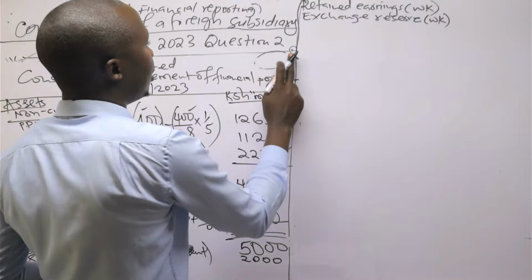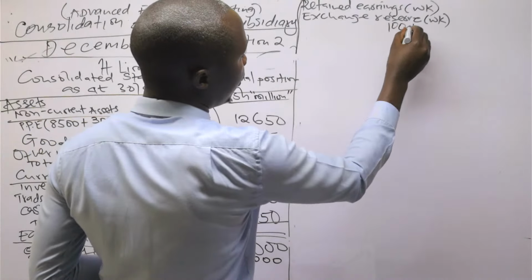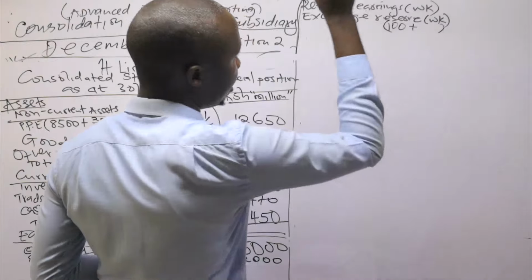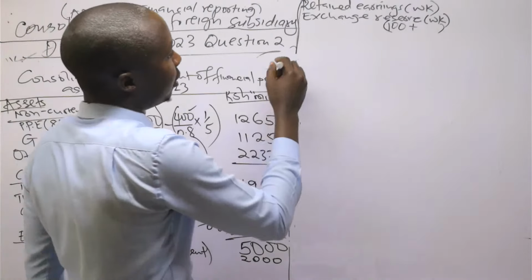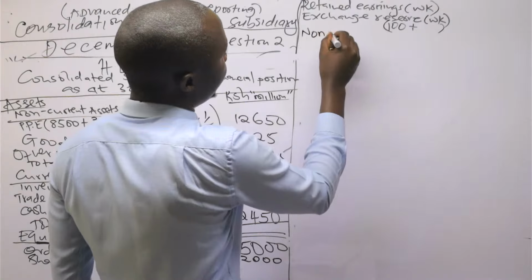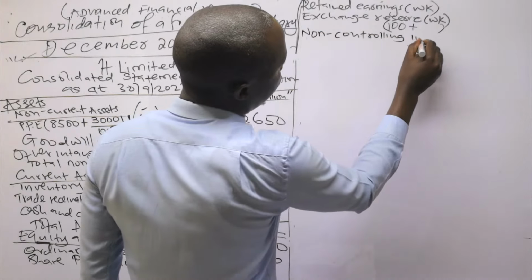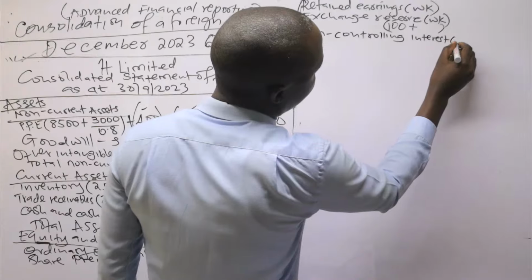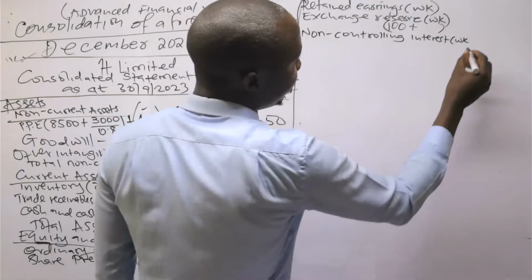So we have the one from goodwill, so the 100. I would have to look for the other one from net assets so that I would be able to get the total. Then another thing to be introduced here is non-controlling interest. So that is another working. So these are the only three workings remaining. Then we'll be done with the question.